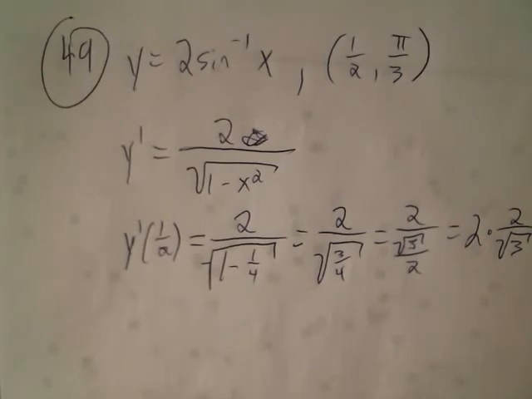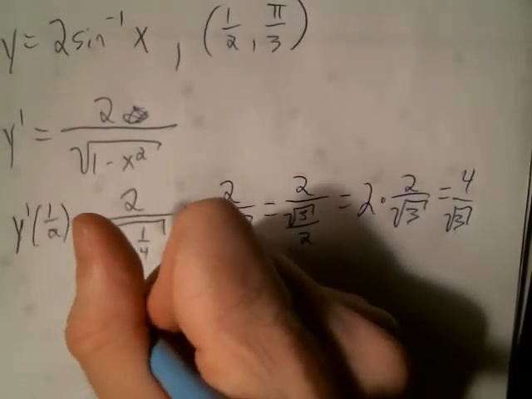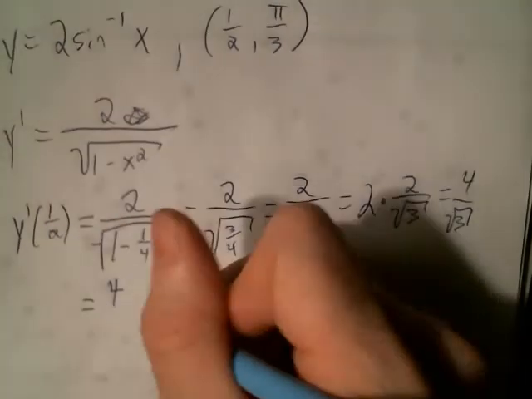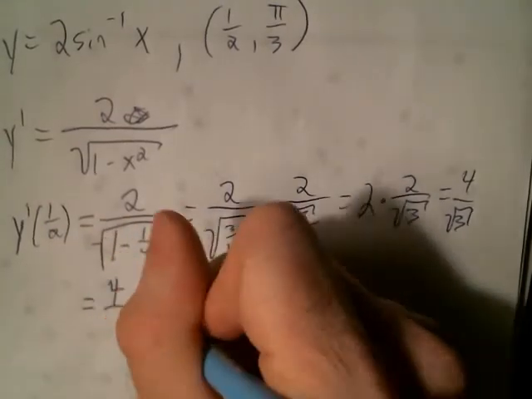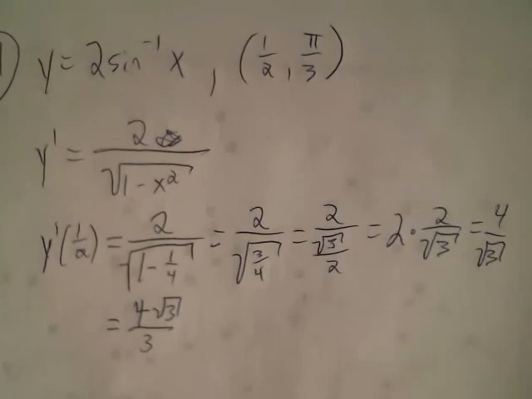Probably want to rationalize the denominator just out of respect for our forefathers. We have 4 root 3 all over 3. Okay, so that'll be the slope of the tangent line at that point.